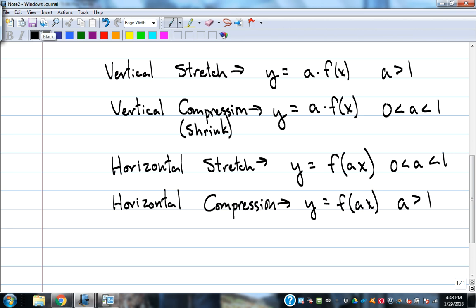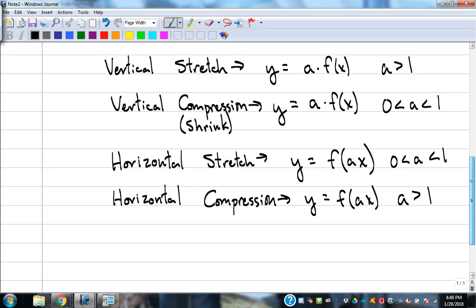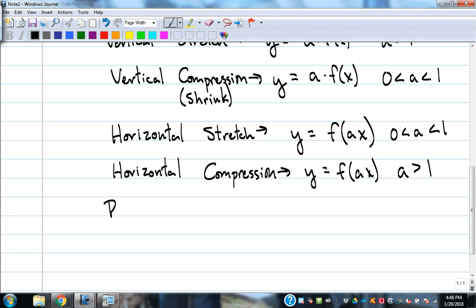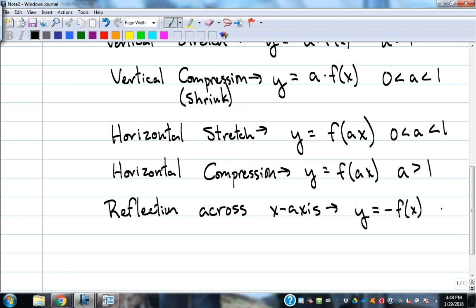All right. Here's where the negatives come in. Reflection across the x-axis. That's just going to be a negative on the outside. It's like a -1 on the outside. Okay.